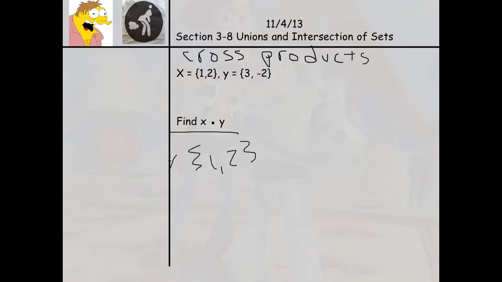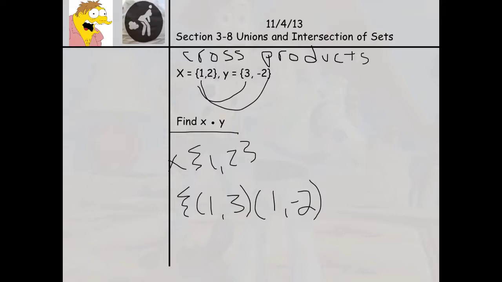2 from x, and I'm going to match them up with the numbers from y. So they're matched up as ordered pairs. So 1 gets matched up with 3, and then 1 gets matched up with -2. There's those two pairs, and then the second element in the set is 2, and that's going to get matched up with 3.